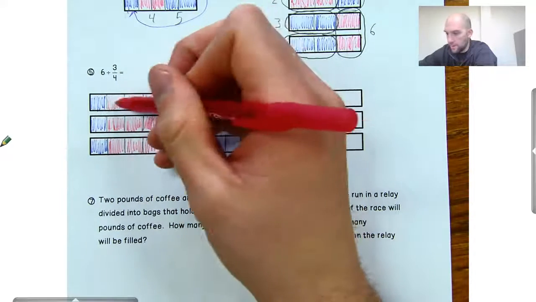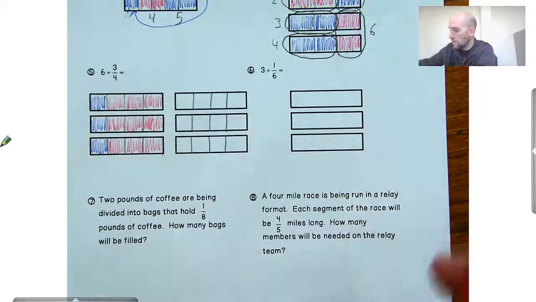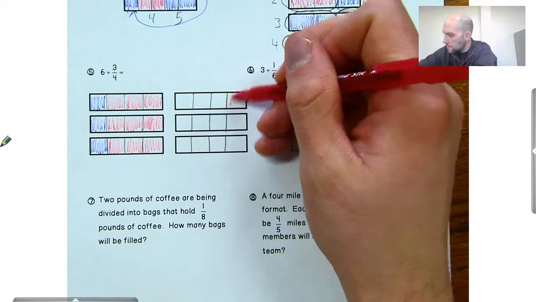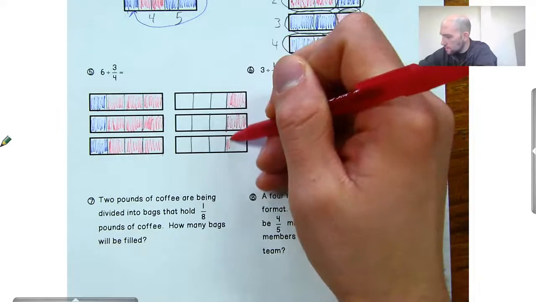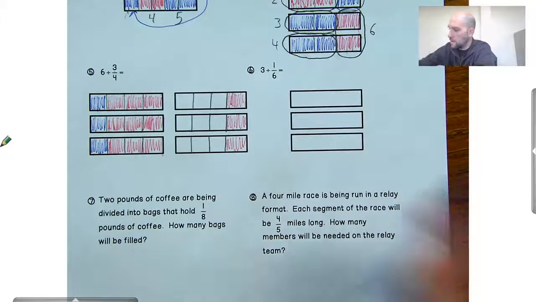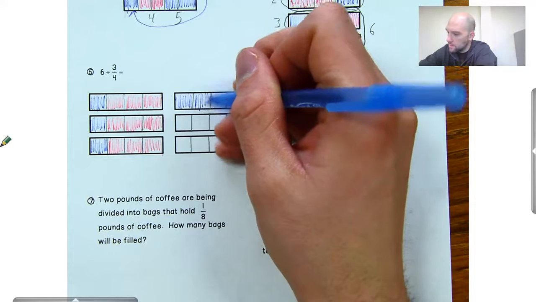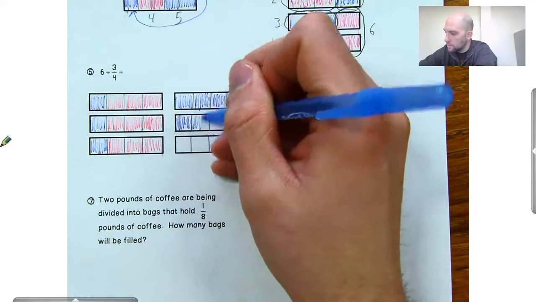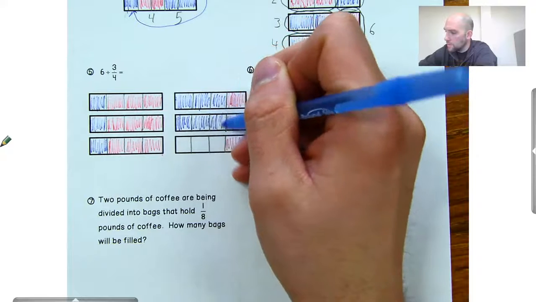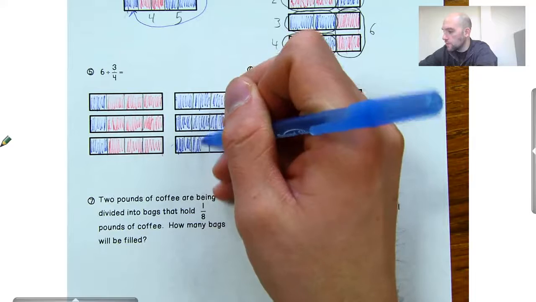See, we're starting to get 3/4, 3/4, 3/4, and then 3/4 here between these three. These ones are going to be, I have 3/4 right here. And then each of these will be 3/4. It helps to have more than one color for this so that we can see our pieces really well.